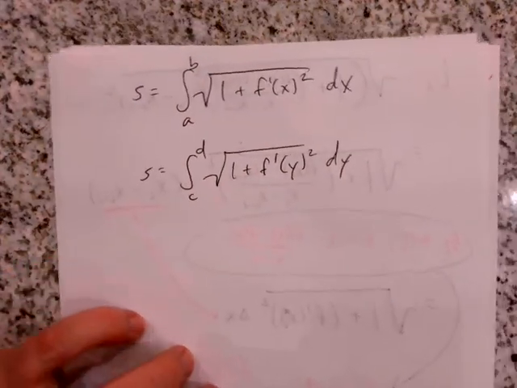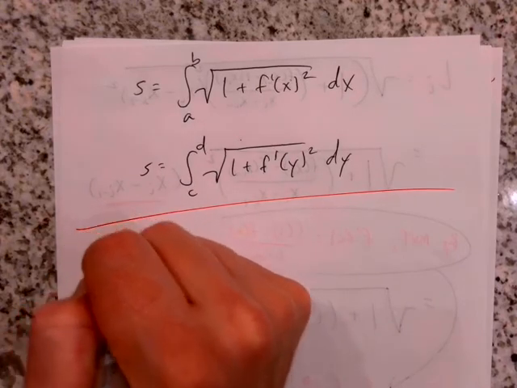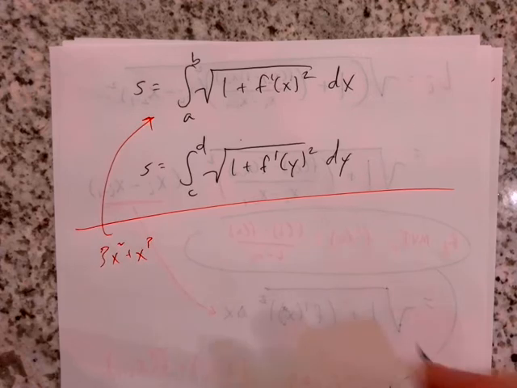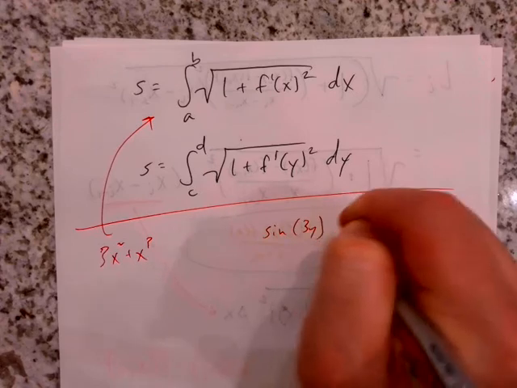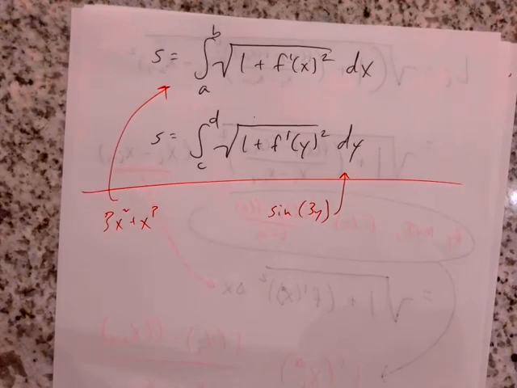The only way that you know which of those to use is what function is given to you. For example, if you were trying to find the arc length of like 3x squared plus x cubed, you'd want to use x. If you're trying to find the arc length of like sine of 3y, you'd want to use y. So however the function is given to you, that's usually how you choose which of those two techniques to use.